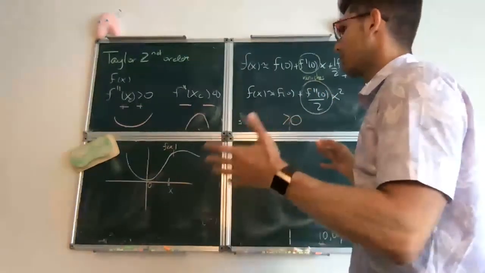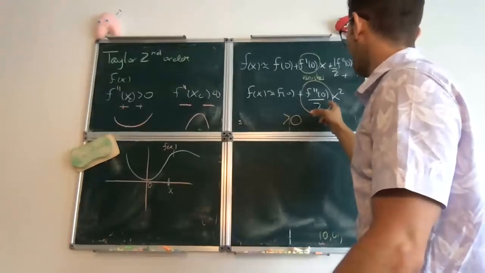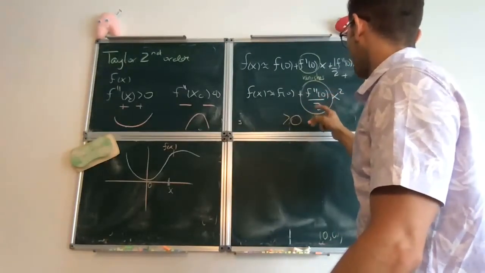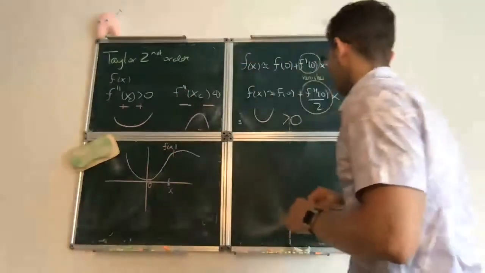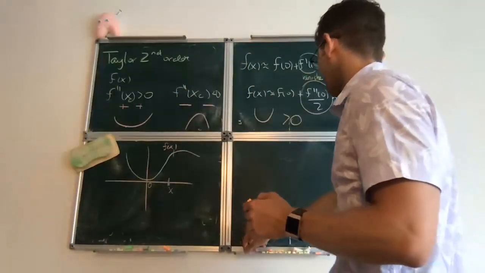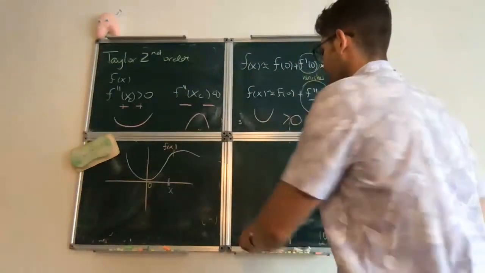Another way to say this is that if this is positive, then this looks like a concave up parabola, which is this, and so that's why you get the min that we're talking about.